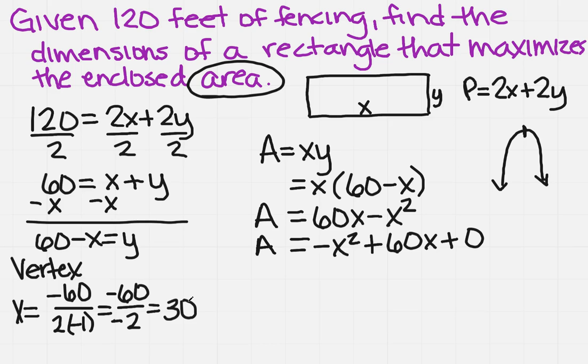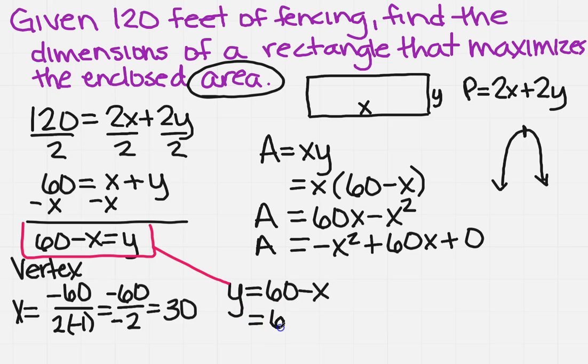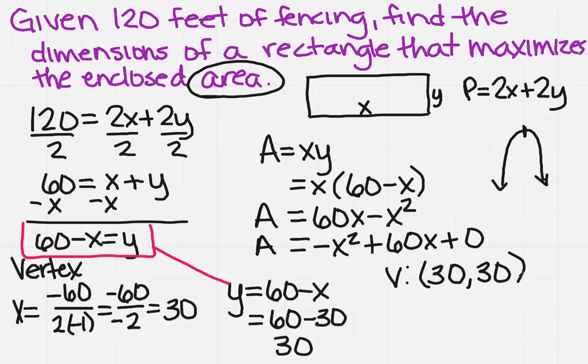So I have y equals 60 minus x. Remember, maybe I should have color coded that. That's way back over here. And now I know that x is 30, so 60 minus 30 is 30. So my vertex is at 30, 30.